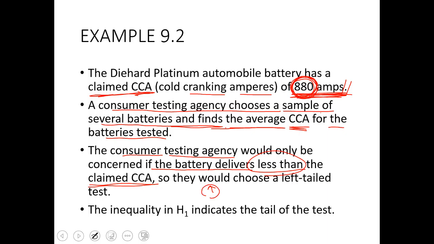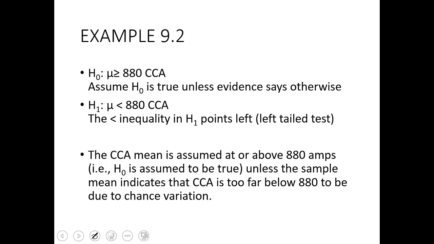So in this case, the null hypothesis is that the mean ampere of the Diehard Platinum battery is greater than 880 CCA. That is our null hypothesis. The alternative hypothesis is that mu is less than 880.